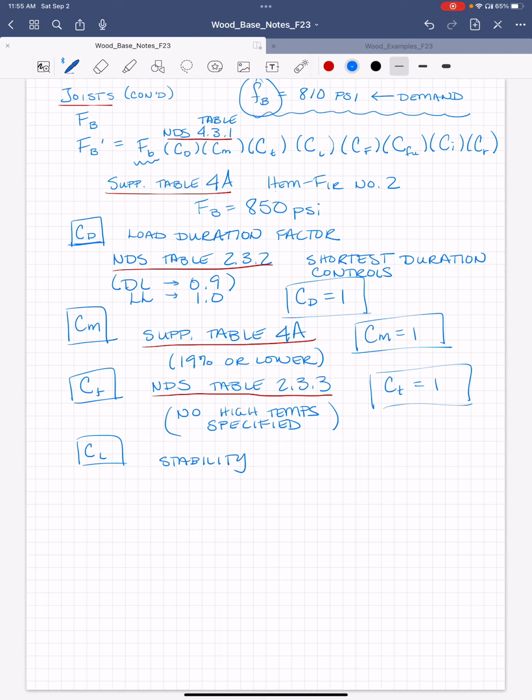So if I go into chapter 3 of the NDS, sorry, beam stability is page 15, which I believe is in chapter 3.